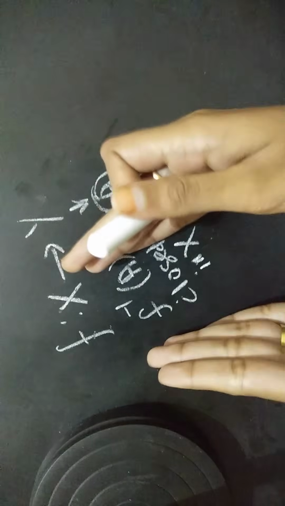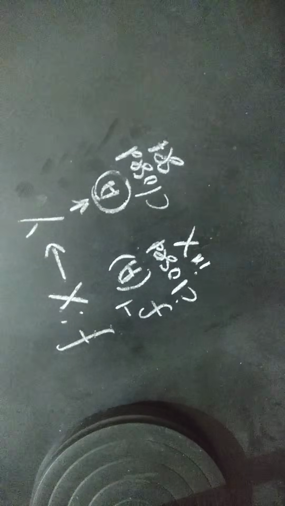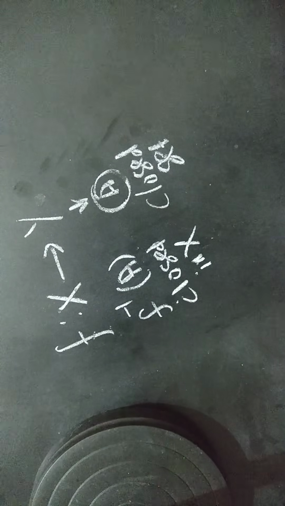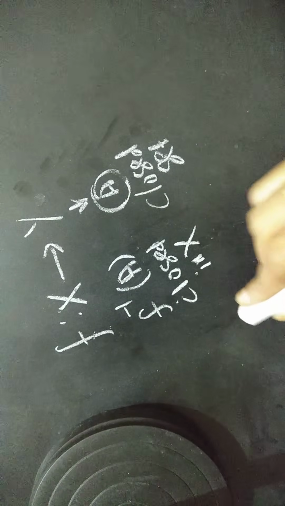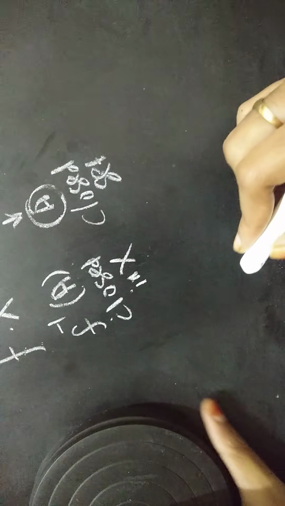If you prove f inverse of A is closed in X, then f is continuous is automatically proved. Can you understand? So the same thing here: what we have to prove now is that f inverse is continuous, right?